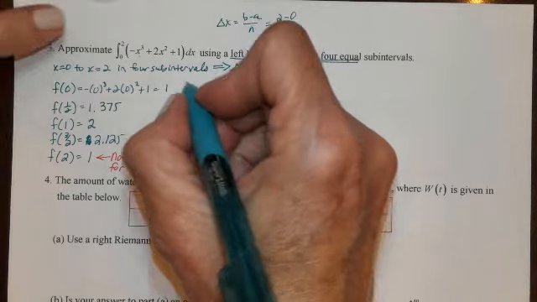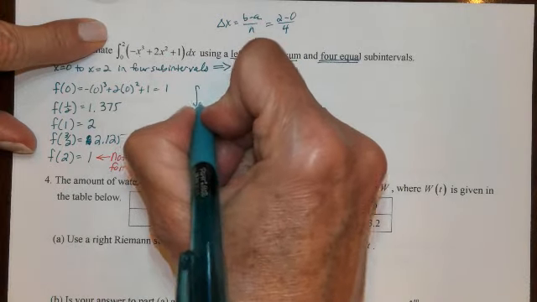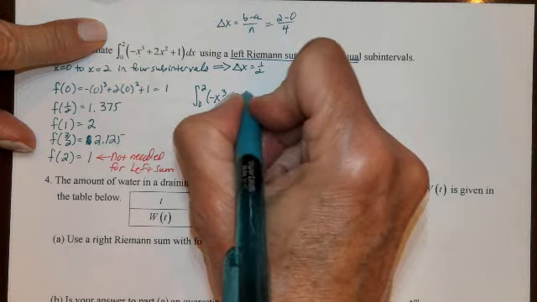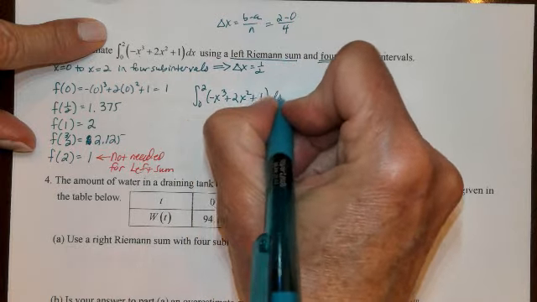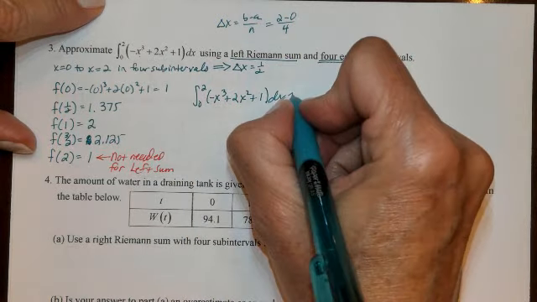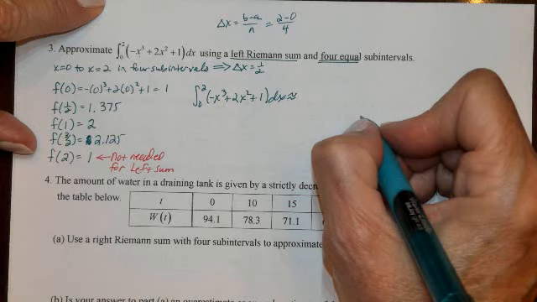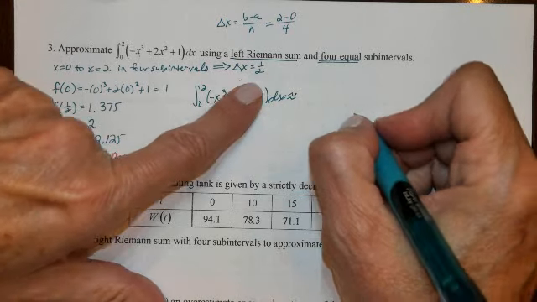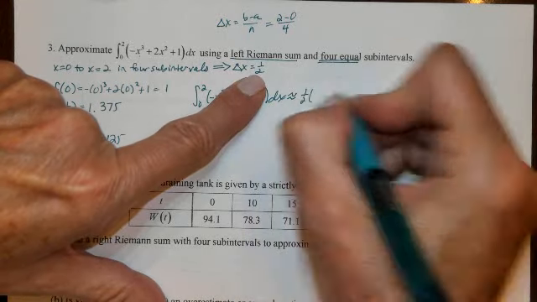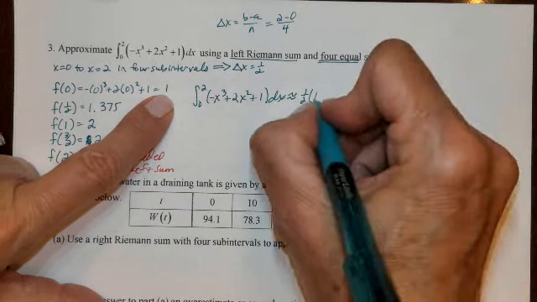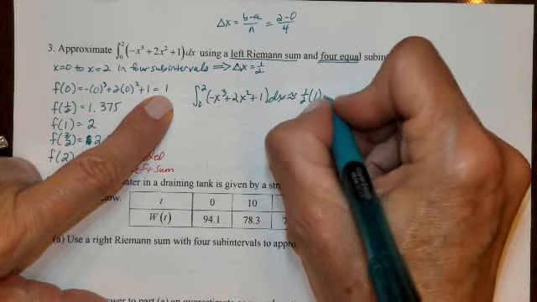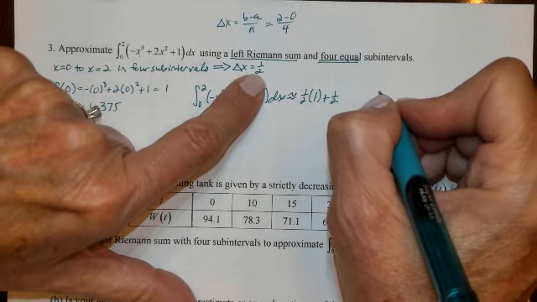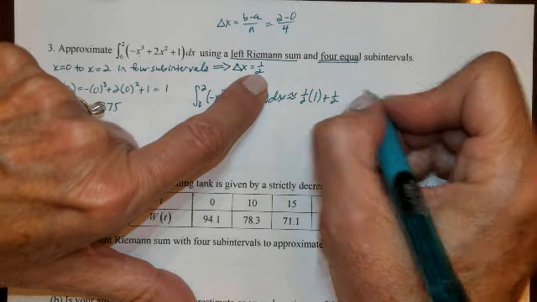So our integral, our area, our integral here is approximately equal to, okay, remember rectangles, base times height. First base, 1/2. First height, 1. Next height, still 1/2. In fact, all the bases will be a half.